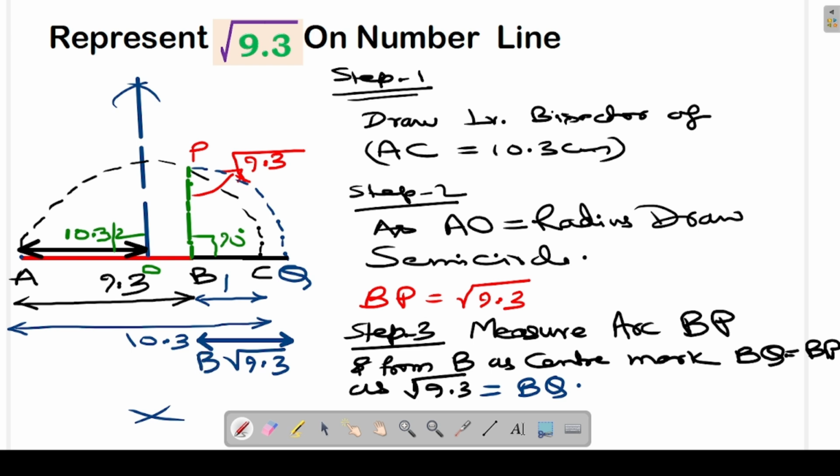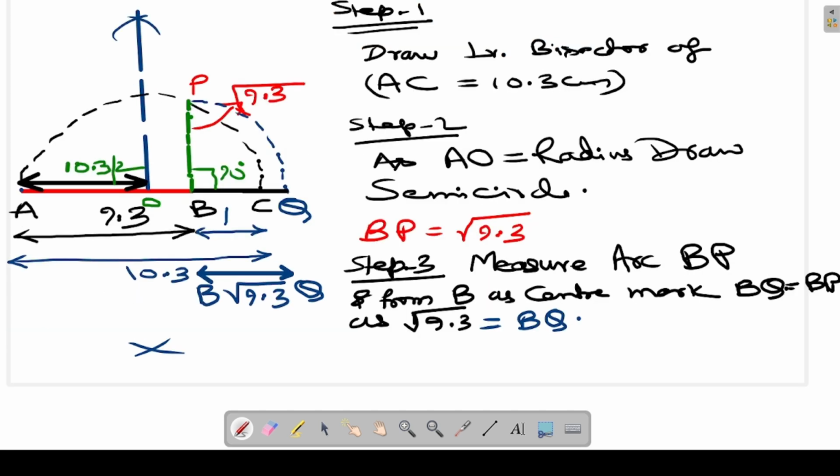Here I am representing it below in my video, just downside, so that you can understand. Okay, now this is represented. Now we need to understand in detail how it came as root over 9.3, whether it's correct or not. Let us cross check it.